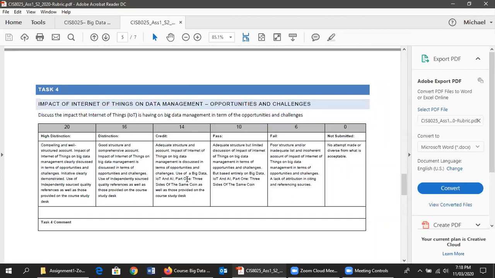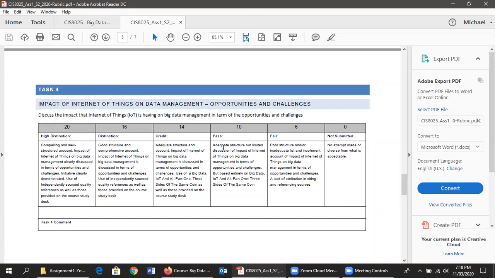When you get your feedback on each assignment, we'll highlight the category where we think that particular task or aspect of the assignment falls. If it's a high distinction, the commentary might just be congratulating you.